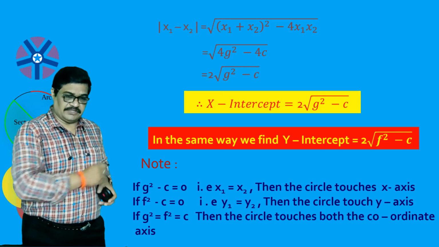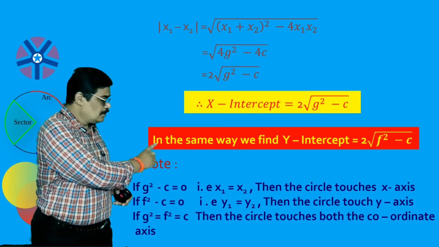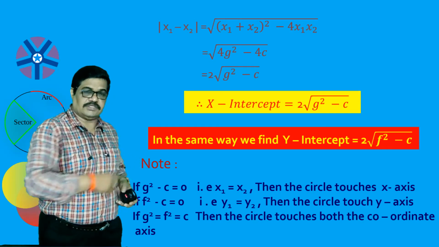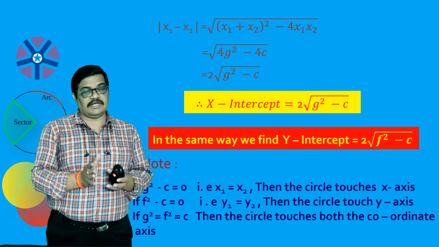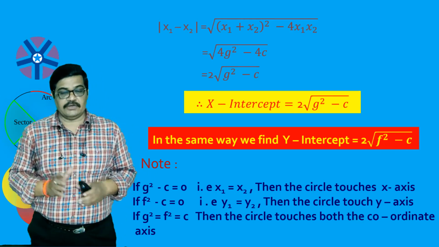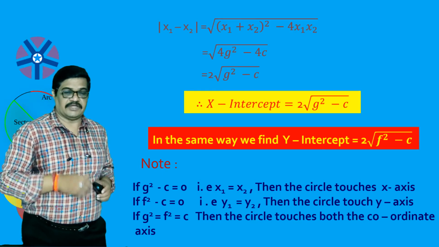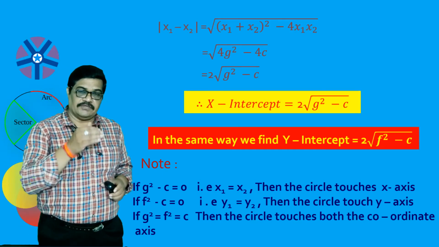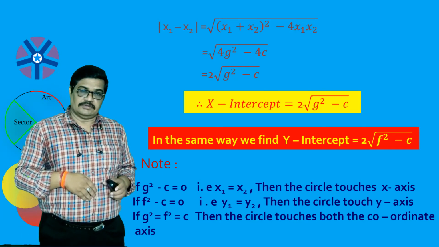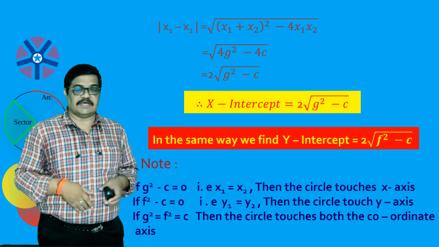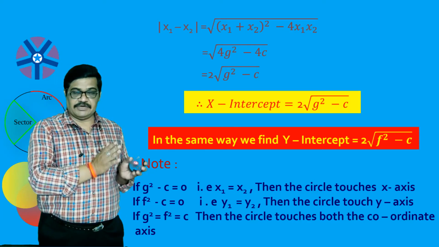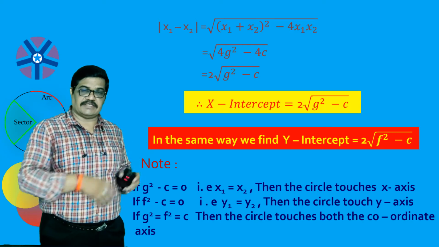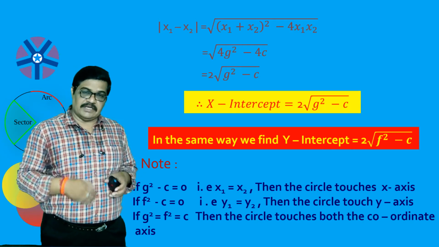Another observation, if g square is equal to f square is equal to c, then the circle touches both the coordinate axes. These are the conditions. So if the x-intercept is 0, the circle touches the x-axis. If the y-intercept is 0, the circle touches the y-axis.